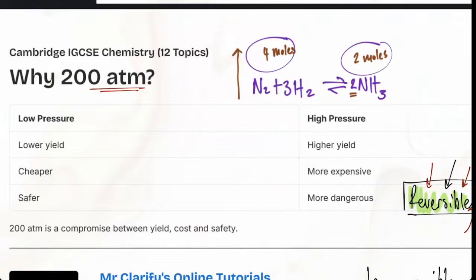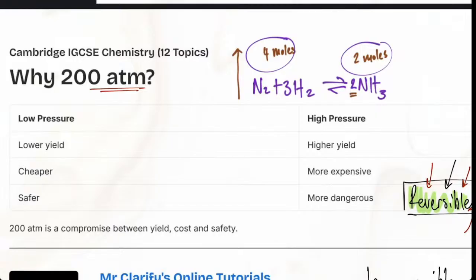Which side has less moles, the left or the right?